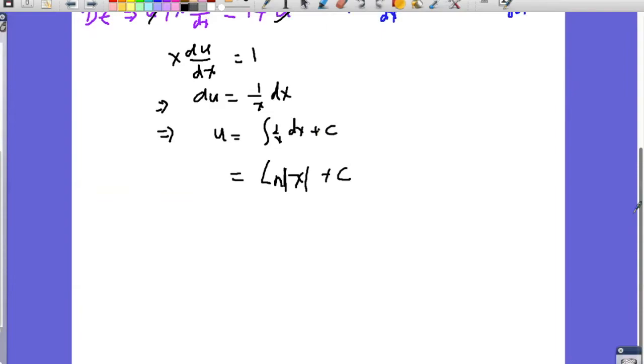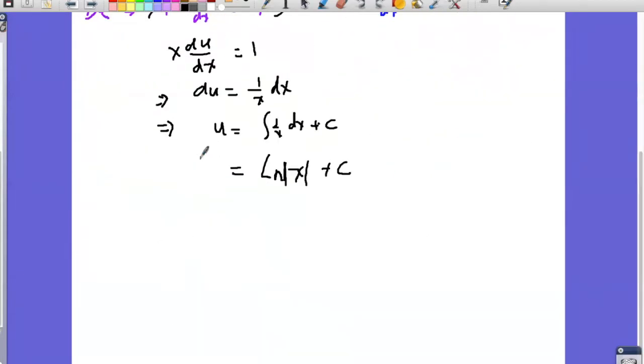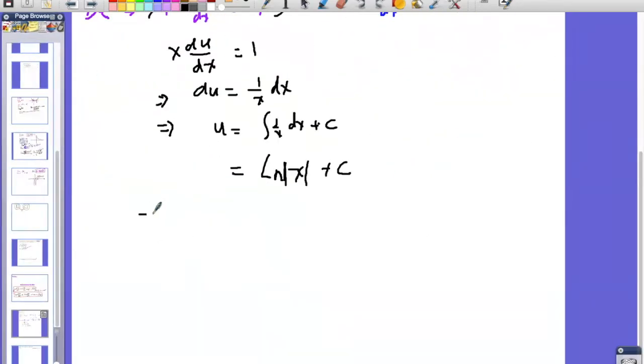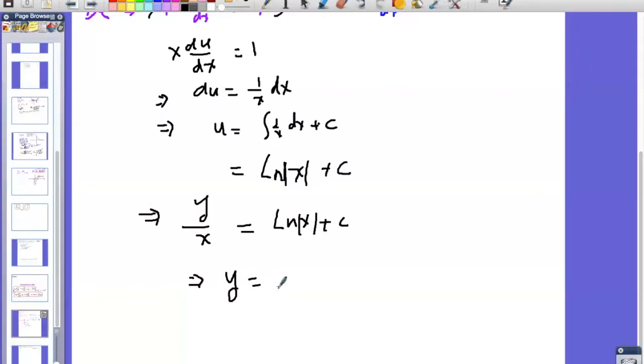And then we have to go back. u is y over x. So we have to give the function as y equal f of x, not u equal f of x. So y over x should be natural log of x plus c, giving us y equal x log x plus cx.